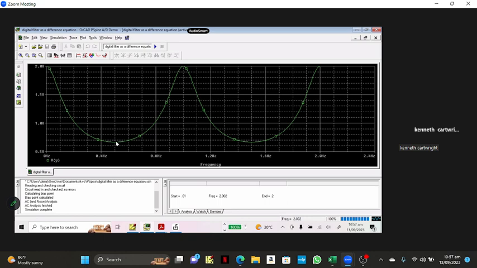You've got the same problem with the digital filter. So between 0 and 0.5 hertz, what kind of filter is it? What kind of filter is it? Folks, look at the frequency response and tell me what it is doing. Looks like a low pass.